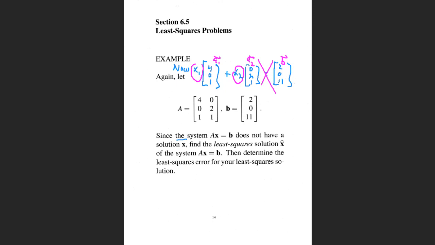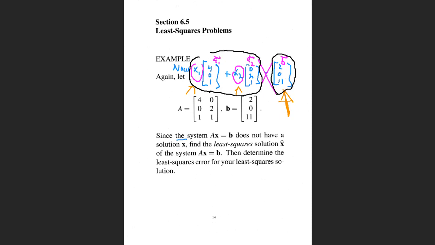But what we could try to do is find some linear combination of the column vectors of the matrix A, A1 and A2, that gets us as close as possible to the vector B. In other words, the left side here will never equal the right side.